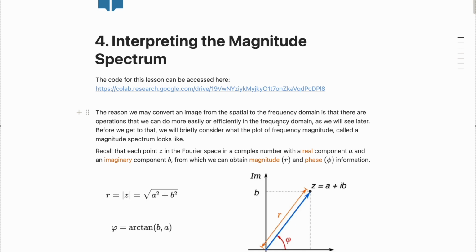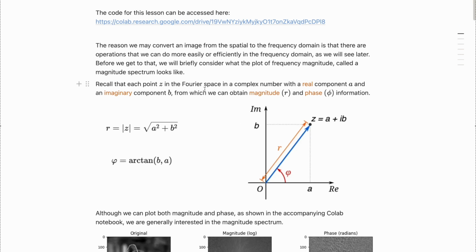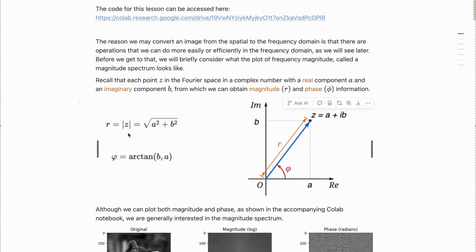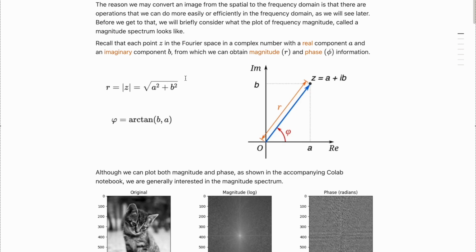But before we get to that point, it's worth spending a lecture talking about what kind of information we can extract from these magnitude spectra by just visually inspecting them. So remember that each point z in the Fourier space is a complex number that has a real component a and an imaginary component b. And we can use a and b to compute the magnitude and the phase of each Fourier index.